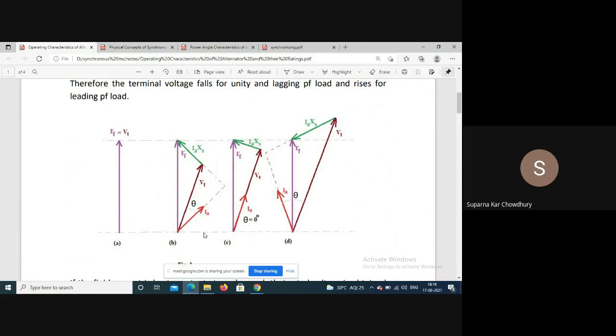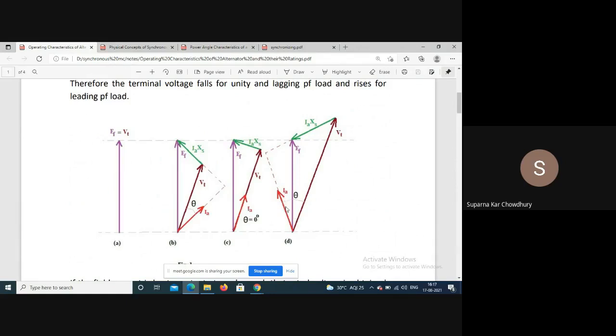For a lagging power factor current or for a unity power factor current, in both cases the component along the horizontal axis has a considerable part opposing the field MMF. So the effect of armature reaction is demagnetizing in nature. To keep a constant voltage, we should increase the excitation.